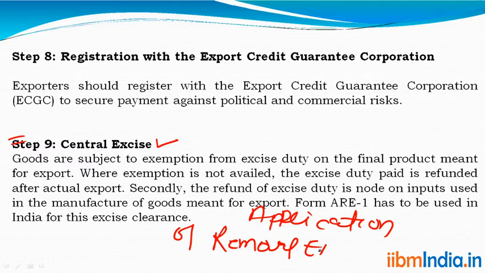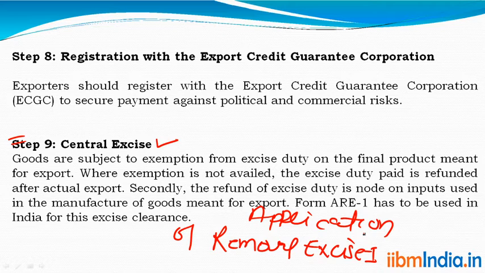There is an ARE Form 2 also. ARE Form 1 has to be used in India for excise clearance. Whatever goods we are manufacturing for export, there is no excise duty on those products and services. Whatever the final product meant for export, there is no central excise duty on those goods.